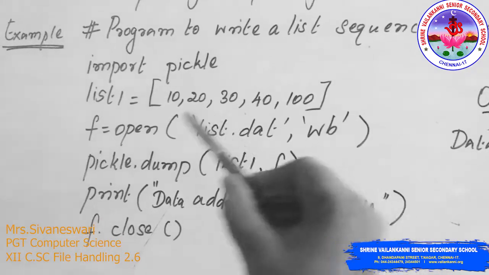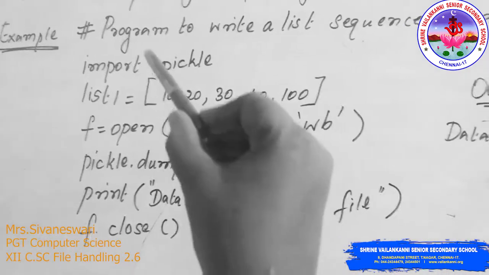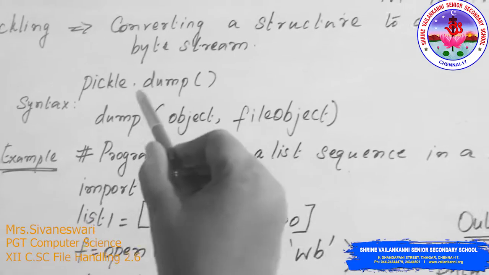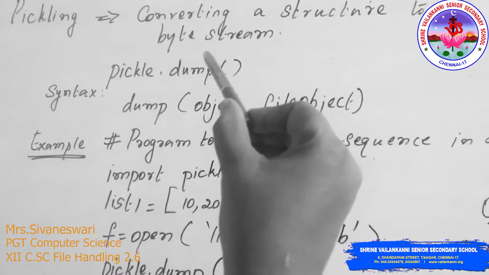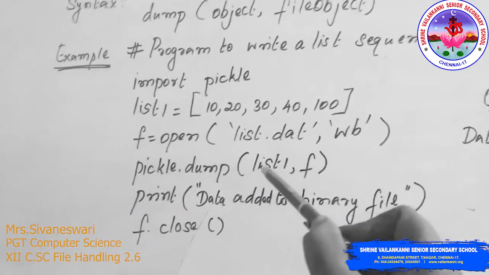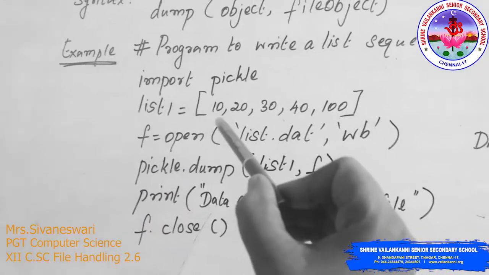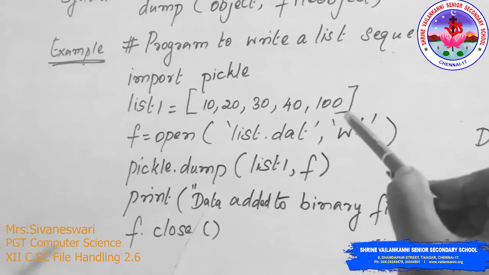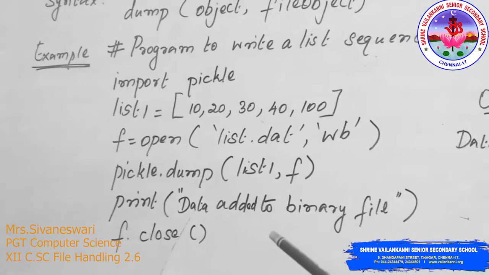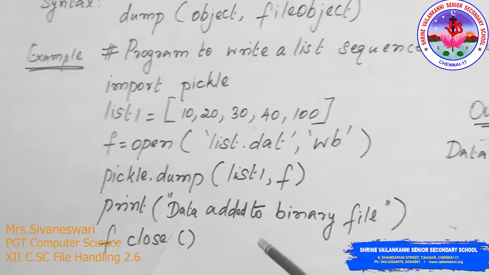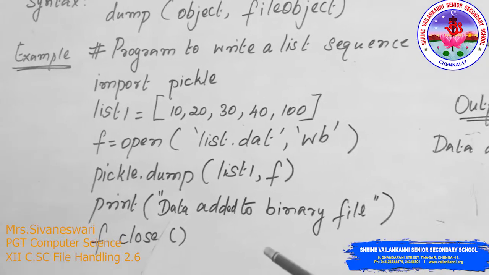Since the list is converted to a byte stream, that's the work of dump. That is pickling. Since it is converted to a byte stream, we won't be able to identify the data exactly as 10, 20, 30, 40 and 100. Instead, it will have some special characters stored inside which are not understandable by the end user.